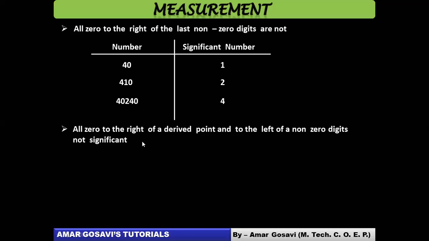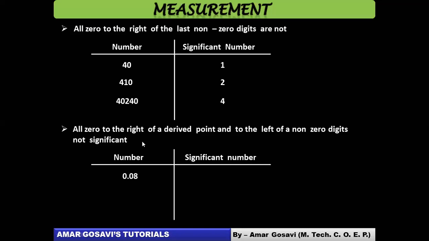So what does it mean? Let's understand. Let's take a number over here. 0.08. So the derived point is the decimal point, I'm saying. There is a 0 over here also, and a 0 over here also. So which 0 is significant and which 0 is not significant? It will clearly tell you.